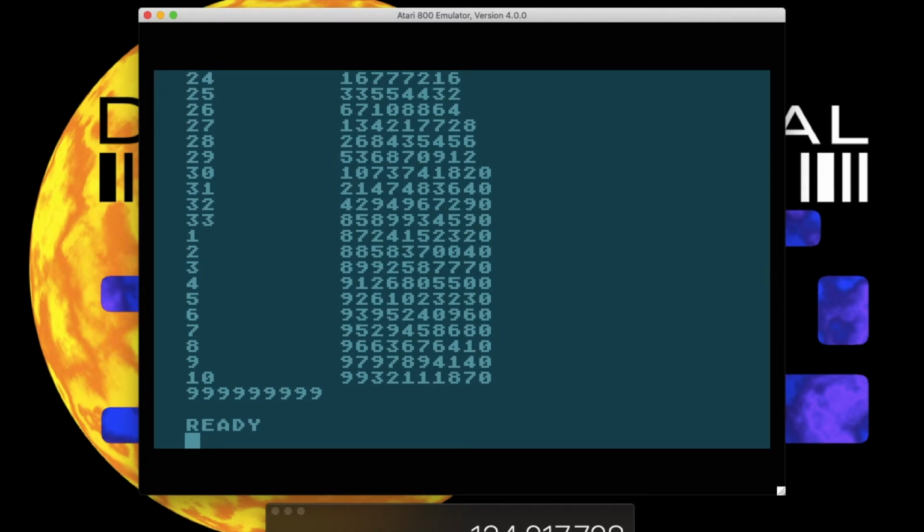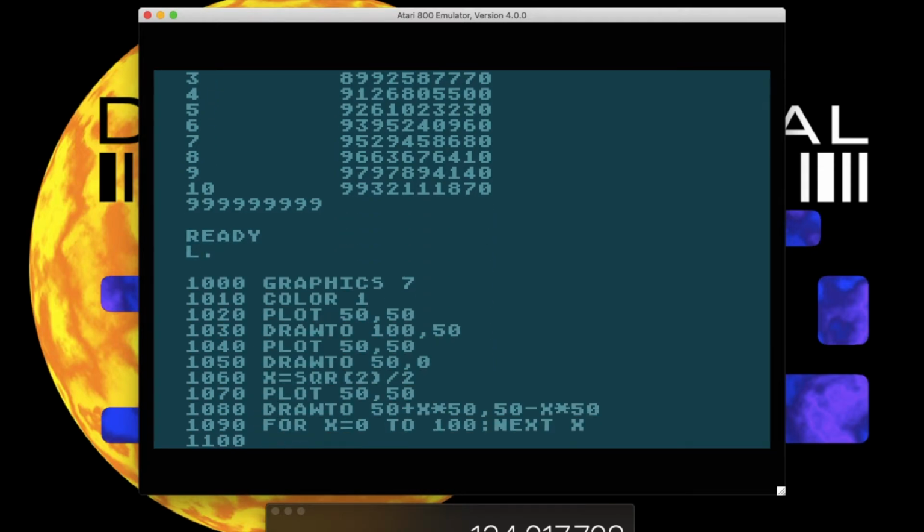We want a numerator over a denominator that's 9 digits over 9 digits of pi. Maybe 9 digits over 8 digits. I don't know.